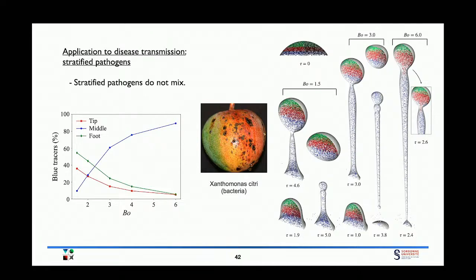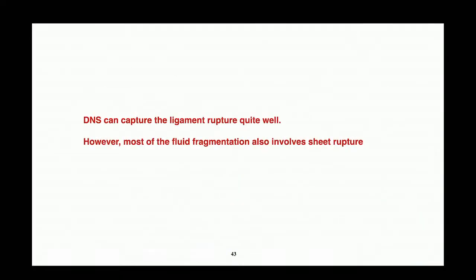When we put in these stratified layers, we again find that the pathogens remaining at the top end up at the top. They don't intermix, and not mixing among themselves shows that the slender jet model is valid here. Here we have a plot showing the distribution for some Bond numbers. So what we conclude is that DNS can capture this ligament rupture well.